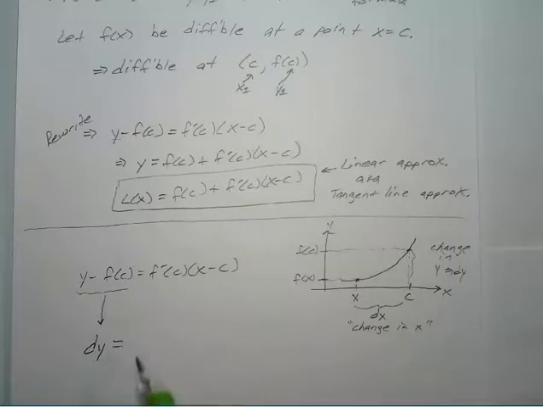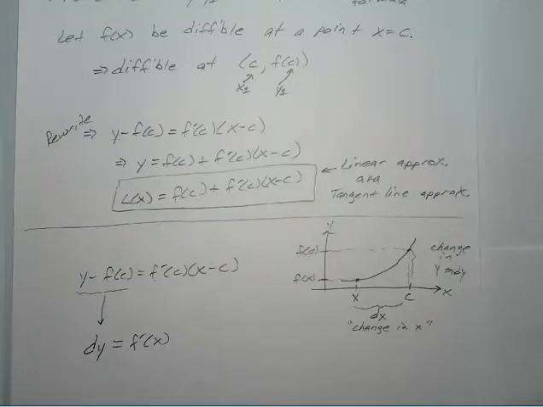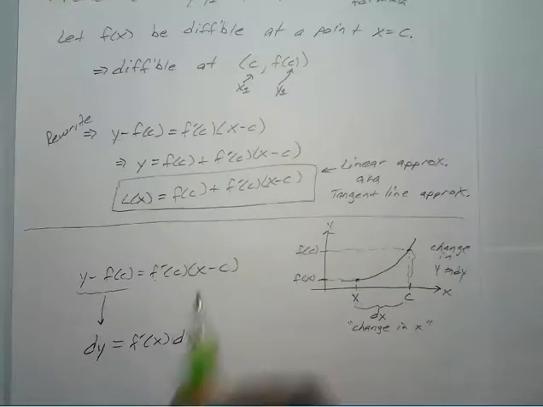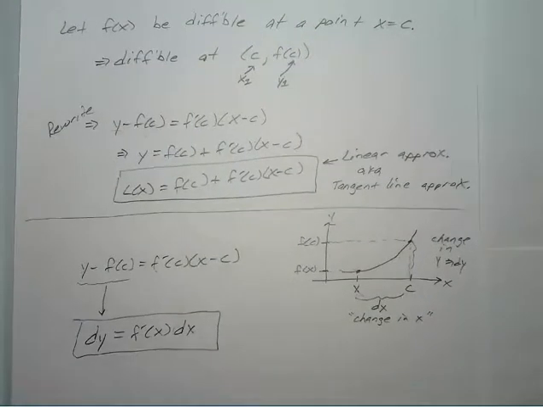That's equal to f prime of c, that's just your derivative at any particular x value. And x minus c, that's literally just your difference between x and whatever this x value is here. So that's literally just your change in x. And this is the formula for your differential.